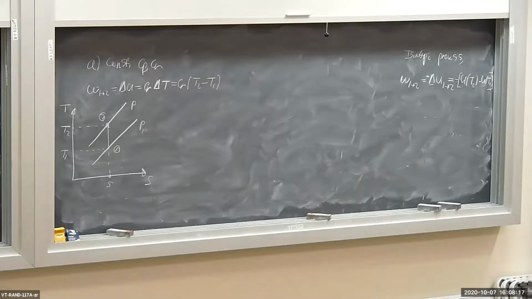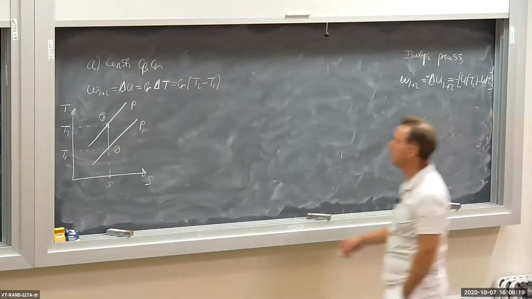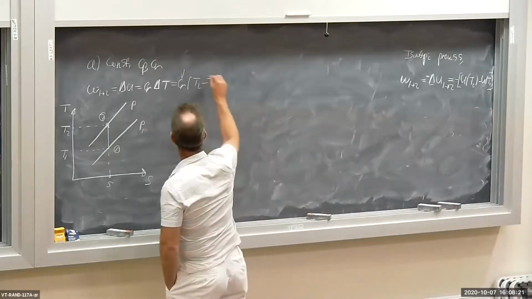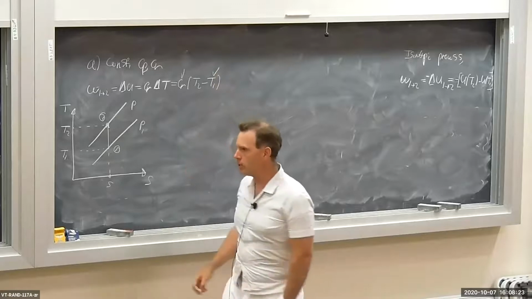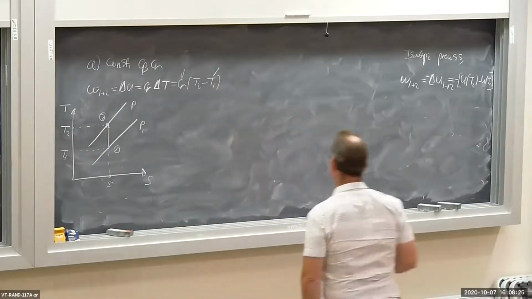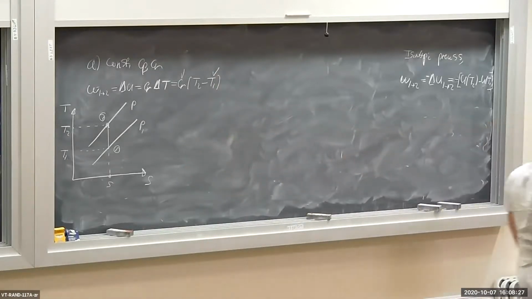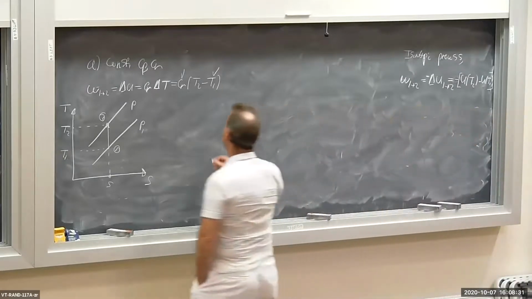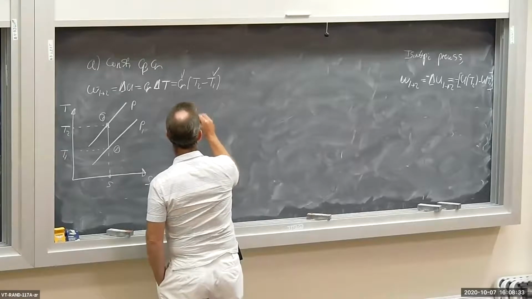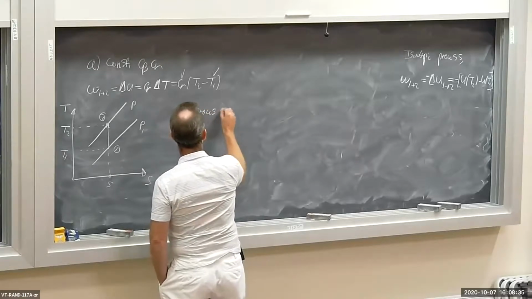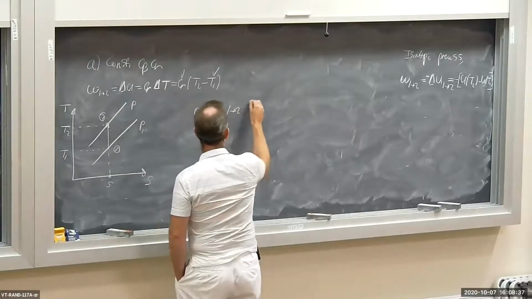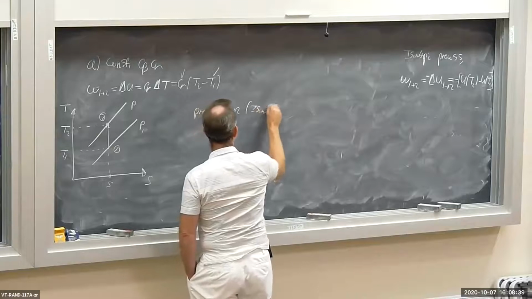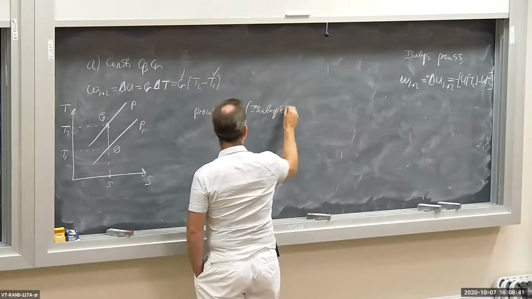So we know CV. I know T1. What is it? 290 degrees, something like that. I need to know T2. Let's find T2 for an isentropic process. 1 to 2 is isentropic.